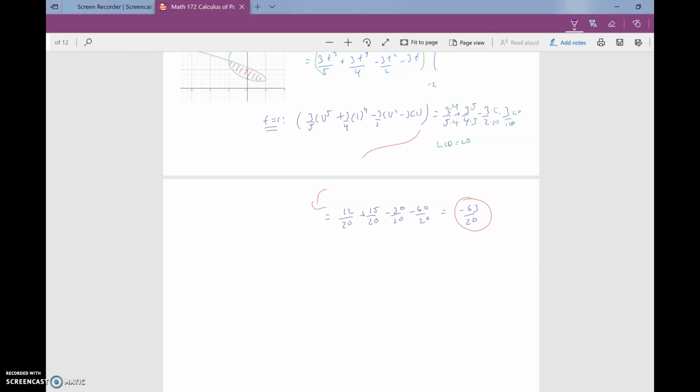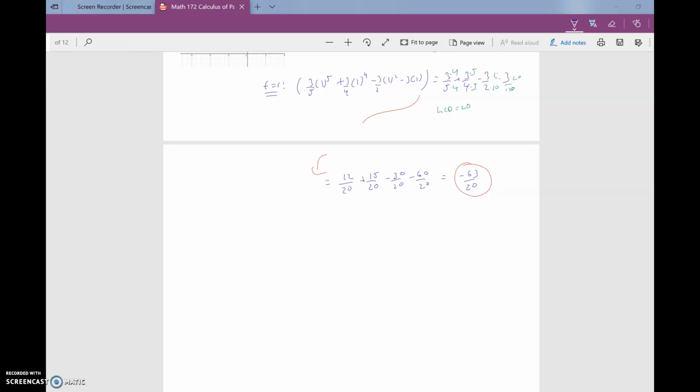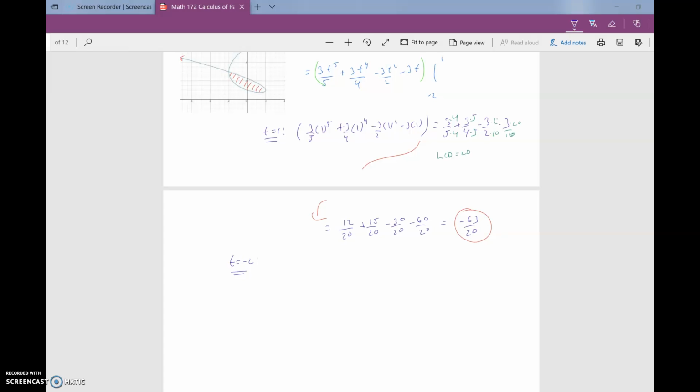Okay, let's evaluate now at t equal to negative 2. This is going to be 3/5 times negative 2 to the 5th, plus 3/4 times negative 2 to the 4th power, minus 3 halves times negative 2 to the 2nd, minus 3 times negative 2.